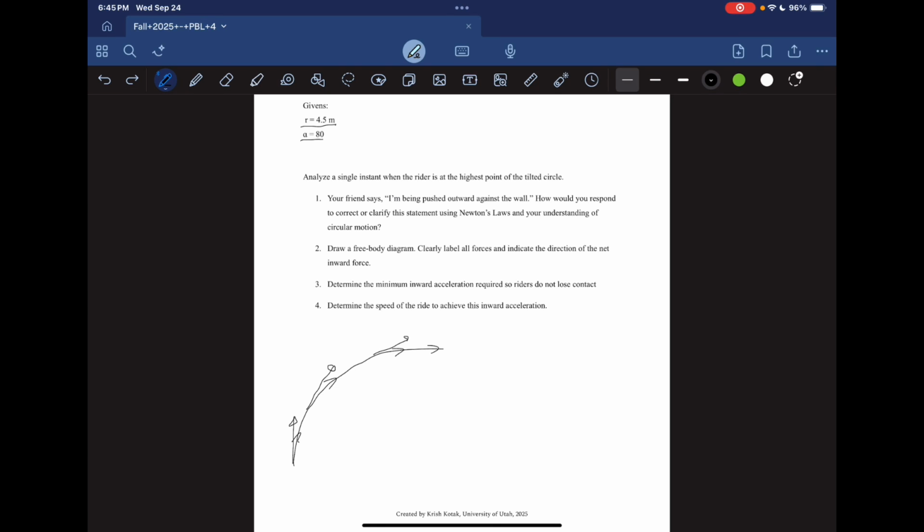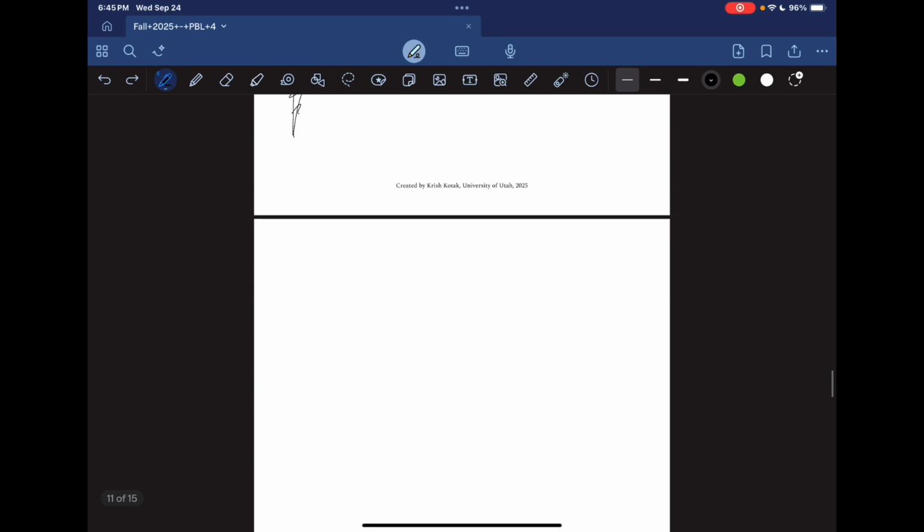So he's feeling his velocity, his inertia, but the wall is preventing that. If you were to take this, with him spinning in a circle, and all of a sudden remove the wall, he would just fly in a straight line in this direction. And this may make a lot more sense after question 2 when we draw our free body diagram.